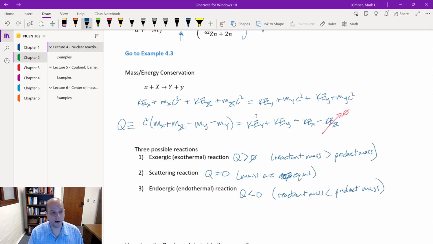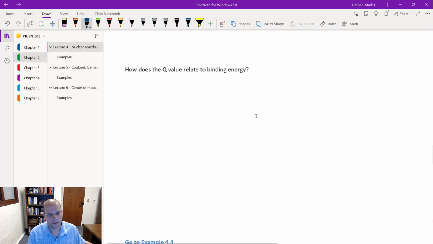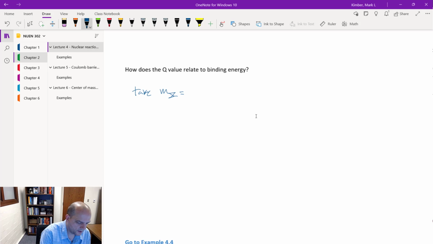So let's talk about how Q, this newly defined Q value, relates to the binding energy, going back to lecture number 3. Let's first take the mass of the heavy particle, which is going to be equal to the number of protons in that heavy particle times the mass of hydrogen-1, its electron and proton together, if you remember our binding energy discussion.